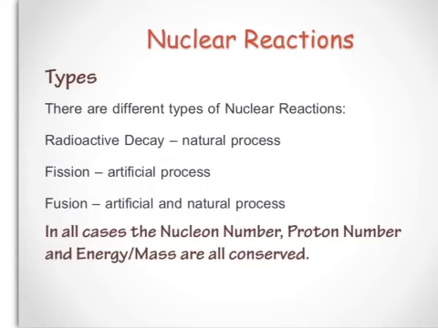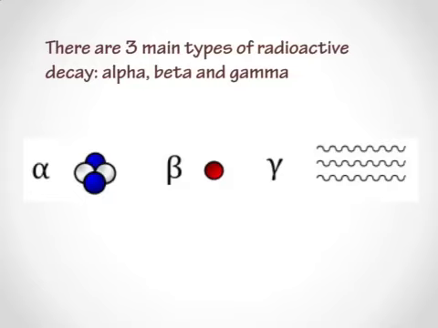In all cases, the nucleon number, proton number, and energy and mass are all conserved, which means they are the same before and after a nuclear reaction. During a radioactive decay, an alpha particle could be given off, or a beta particle could be given off, or gamma radiation could be given off.